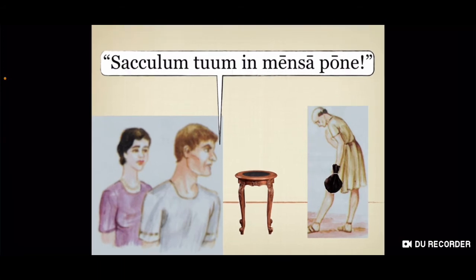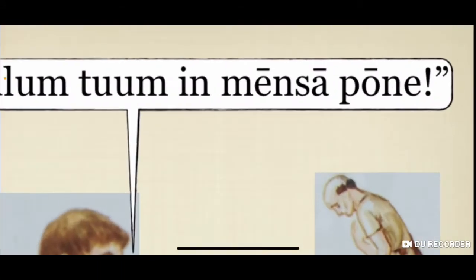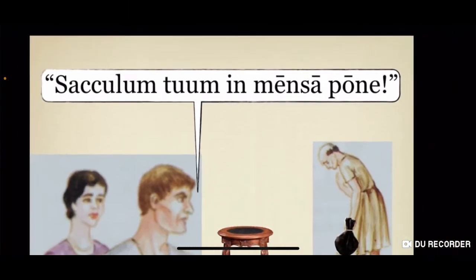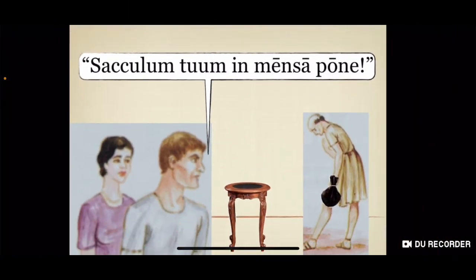Mensa is also in the same form as in sacculo, but it's a feminine word, so it's not o, it's a: in mensa. And every other word that you put something on or in, or you're going in something, is going to be in that ablative form, like in the Roman Empire, in Imperio Romano.